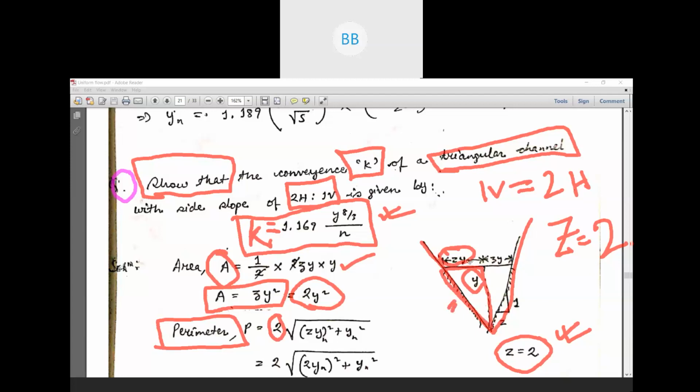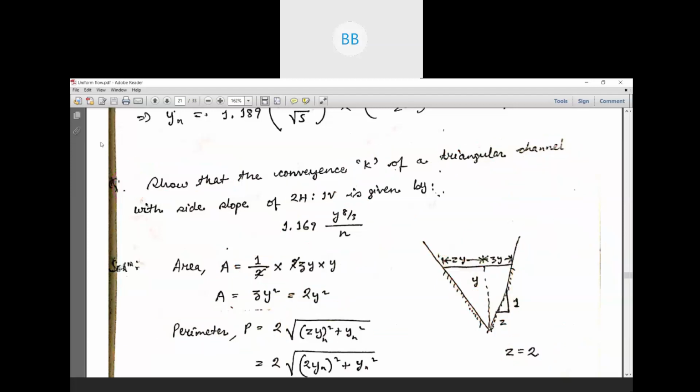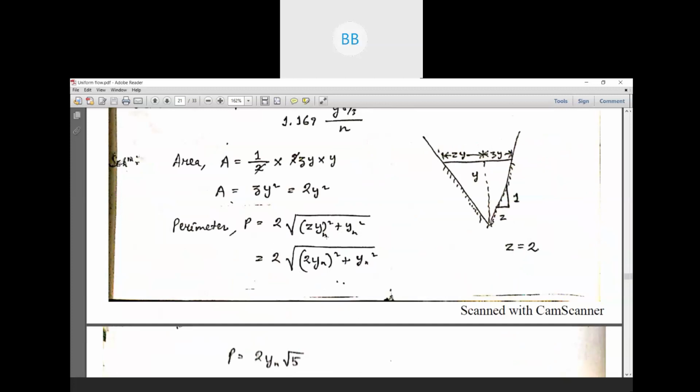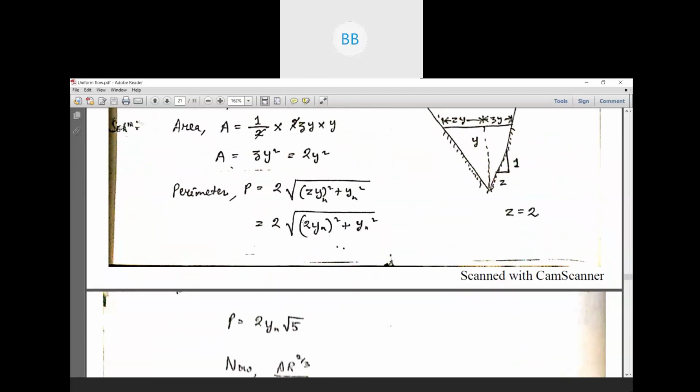This side is equal to root over this side square and this y square. Here y square is common and we can bring it out. So root over 4 plus 1, it's root 5. If you solve, you will get twice y root 5.